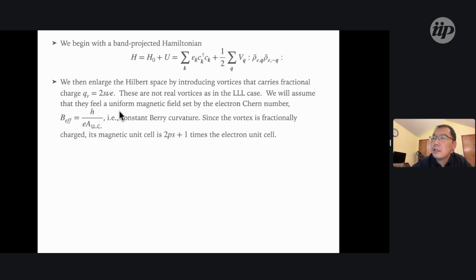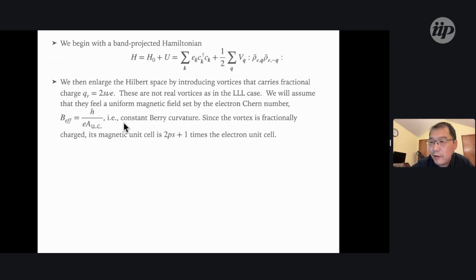In addition, they will also feel a uniform magnetic field that's set by the electron Chern number. The effective B field will be given by C divided by e, and then by the unit cell area of the electrons. Basically, we assume that the vortex will have a constant Berry curvature if you switch from real space to momentum space.